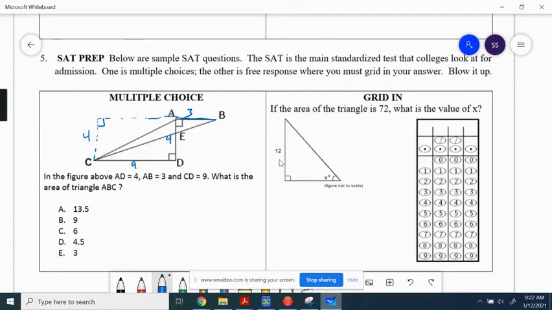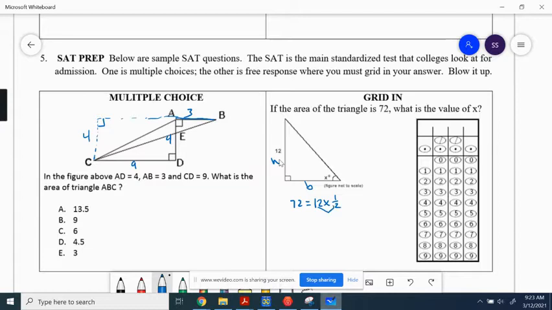The next one, we have the area of the triangle is equal to 72, and we only have the height. We need the base. So if the formula is area is equal to base times height times half, we can do 72 is equal to 12 times x times half, and then we can figure out our base.